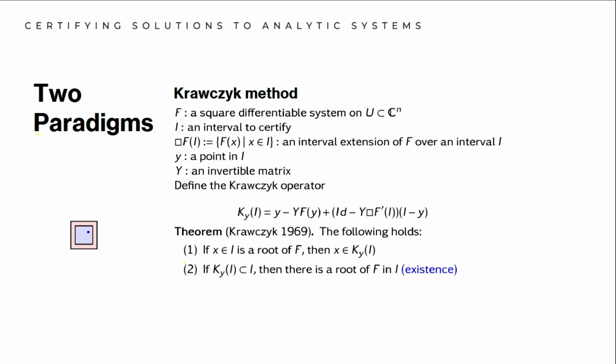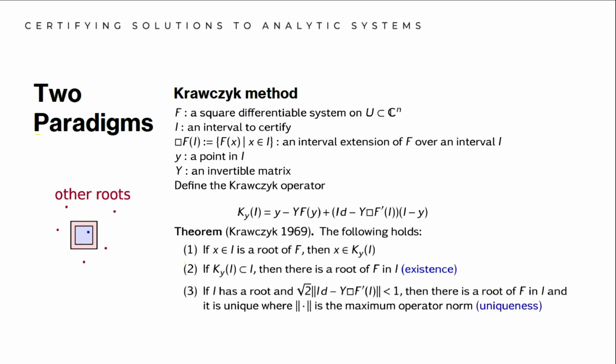And the last part: if we satisfy this additional norm condition, then the Krawczyk operator becomes a contraction map. So if you apply this Krawczyk operator multiple times, the interval gets smaller and smaller, and we can also prove the uniqueness using this.